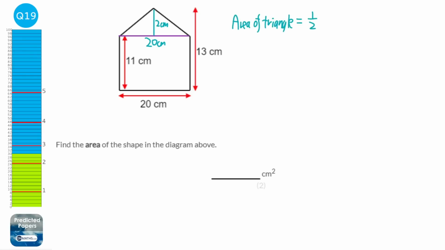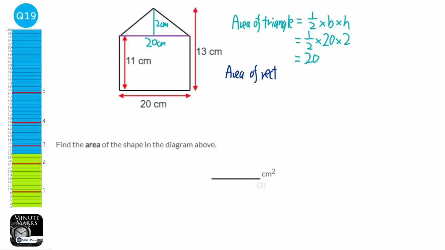So let's work out the area of the triangle first. Which is going to be half times base times height. Half times the base, which is 20, times the height, which is 2, will just give us 20. Now let's work out the area of the rectangle. And that's just going to be the width times the length.